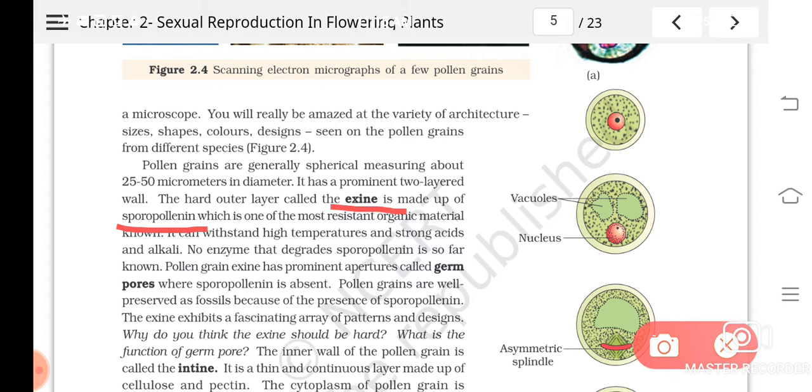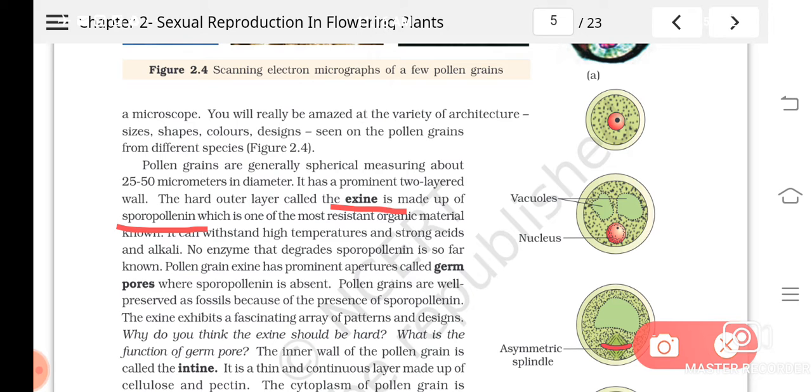This is the reason we can get fossils of pollen grains, because it is not easily degraded by microorganisms, and it can withstand high temperature and strong acids and alkali. So microorganisms cannot degrade it, temperature has no effect, they are resistant to acids and alkali, and enzymes cannot degrade it.